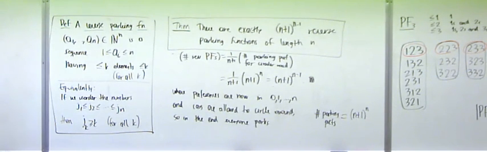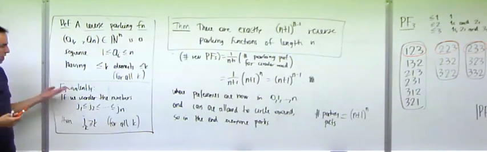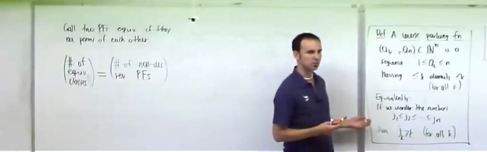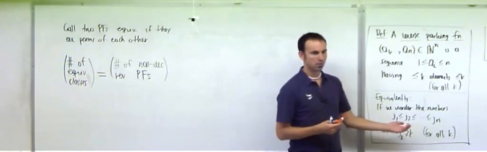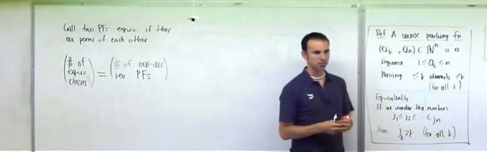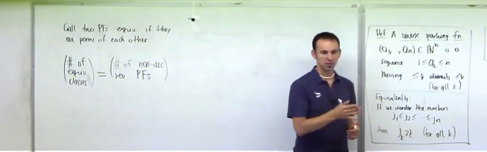And if you notice, what I'm saying is exactly what I said over here. In the second criterion for what a parking function is, I said put it in order, and then check that the first number is bigger than or equal to 1, the second is bigger than or equal to 2, and so on.